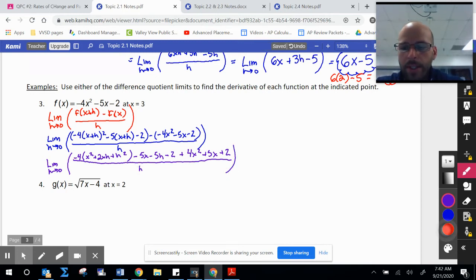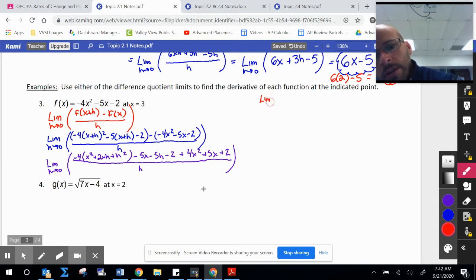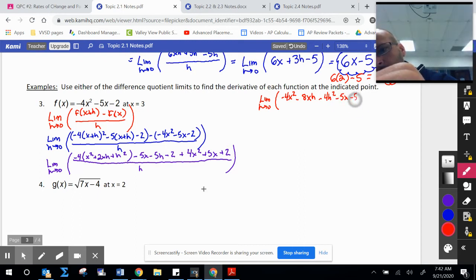Now I'm going to pick up at the top here. I'm going to distribute the negative 4. So I'm going to have the limit as h goes to 0 of negative 4x squared minus 8xh minus 4h squared minus 5x minus 5h minus 2.